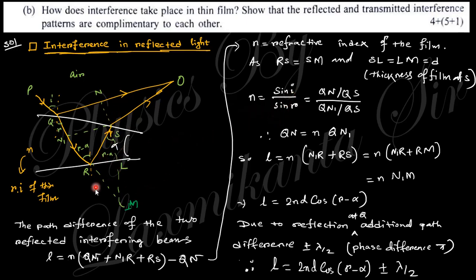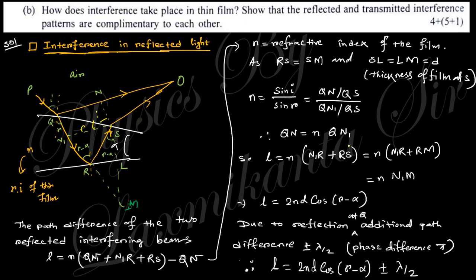The refractive index n is sin i by sin r. This is i and this is r. So sin i can be written as QN by QS, perpendicular by hypotenuse, and sin r is QN1 by QS. Actually this angle is i, this angle is r.